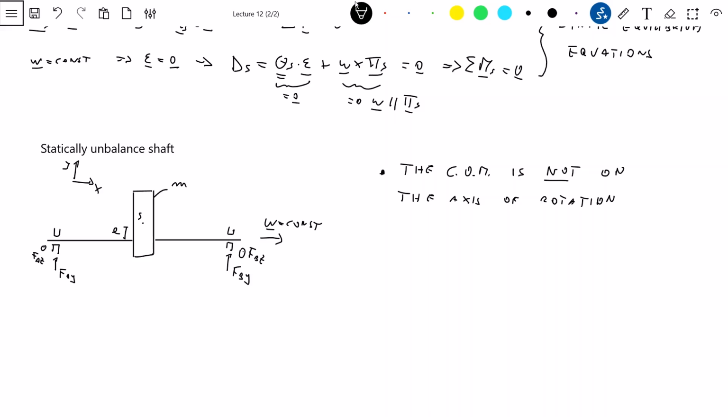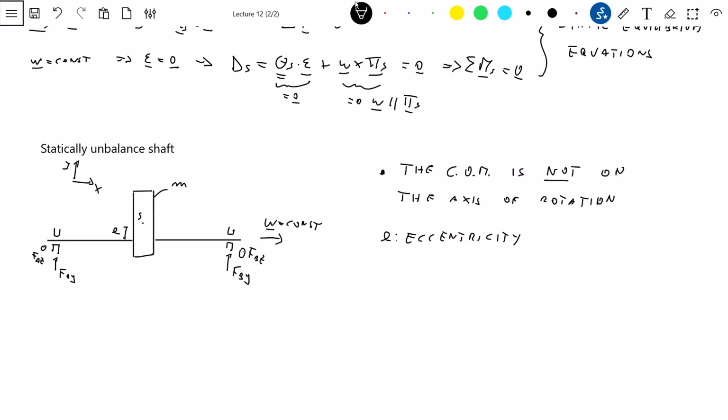So now let's write the equation of motion of this. Sorry, one thing: I said E is the eccentricity, and eccentricity is something that we always have in engineering. In real systems we do have an eccentricity, it is unavoidable.